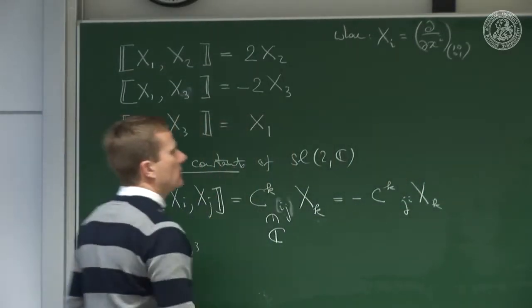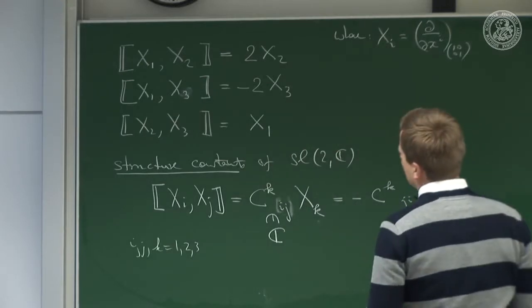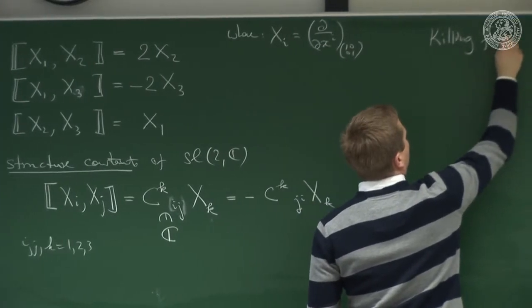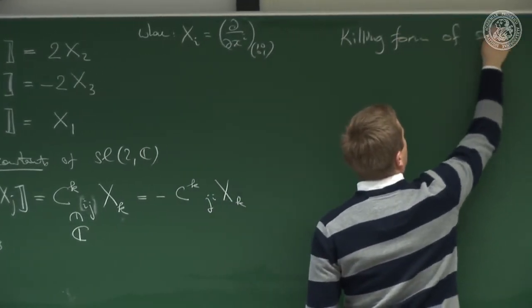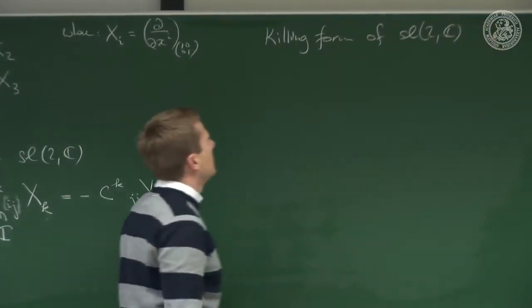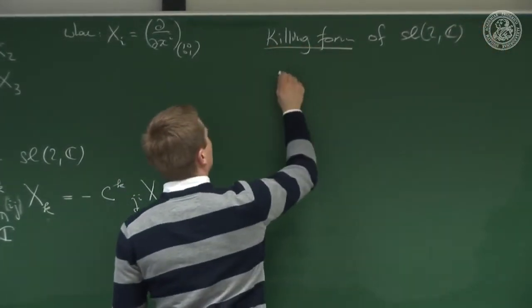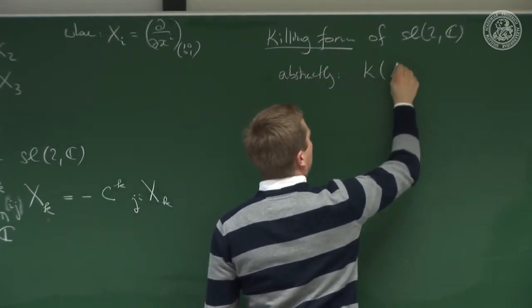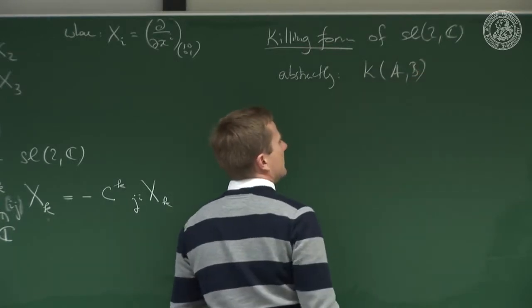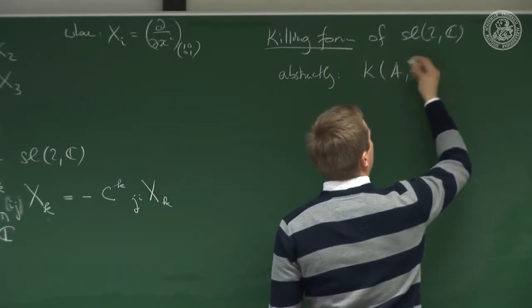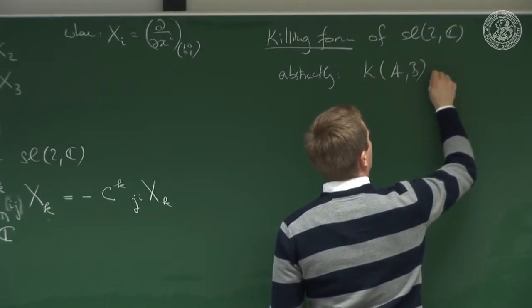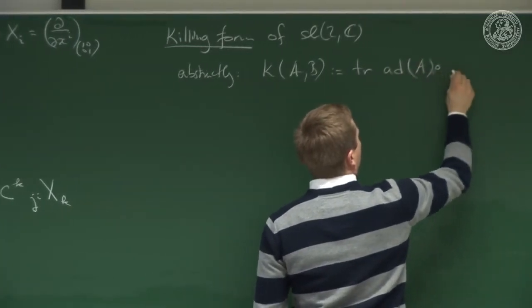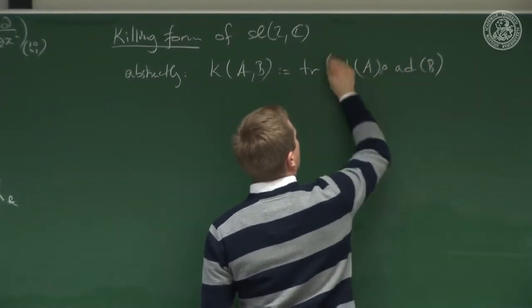And so we saw that there's an important object called the Killing form of a Lie algebra, in this case of SL2, that guy was abstractly given by K of A and B being elements in the tangent space at the identity in this case, and that was given as the trace of the adjoint of A composed with the adjoint of B.